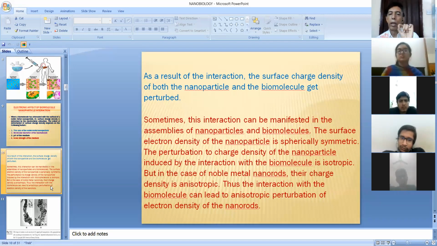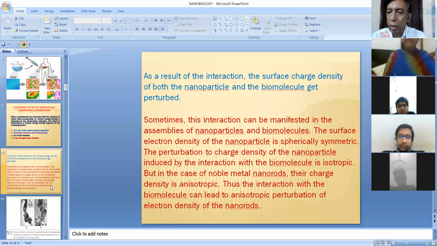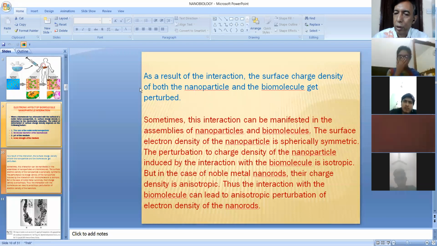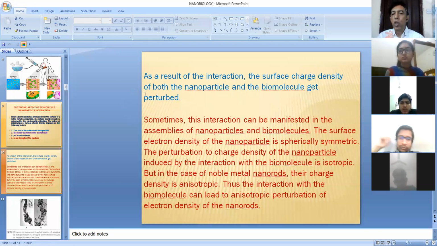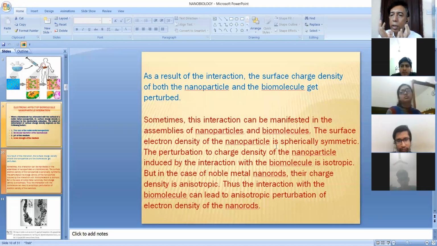Now, when the nanoparticle and the biomolecule attract each other, the surface charge density is actually perturbed. Perturbation means changed. Perturbation means deformation. This perturbation depends on the surface electron density of the nanoparticle. That means whether it is spherically symmetrical or it is like a nanorod.